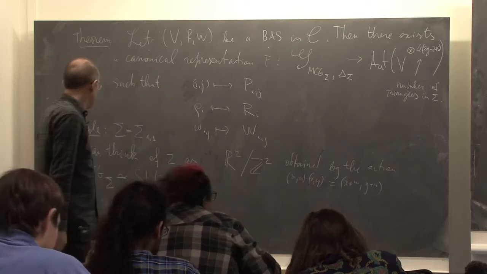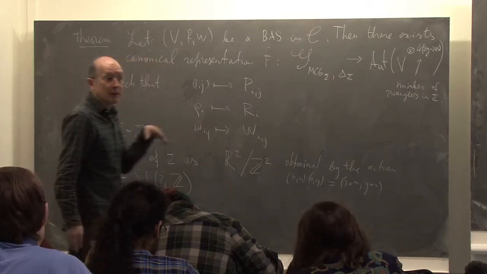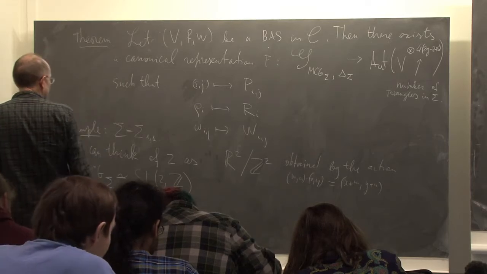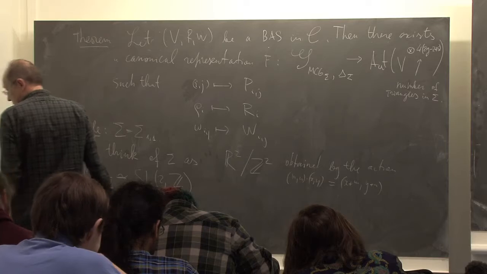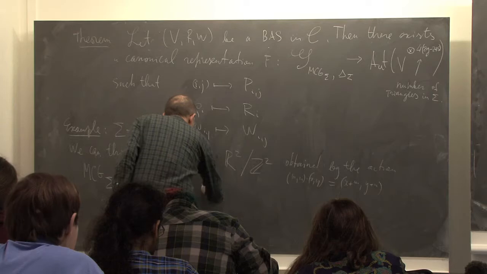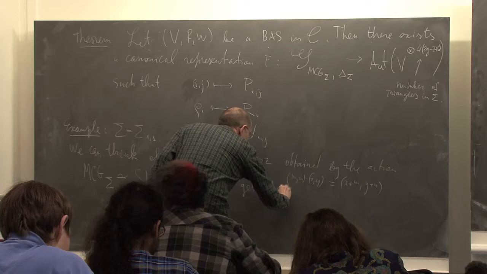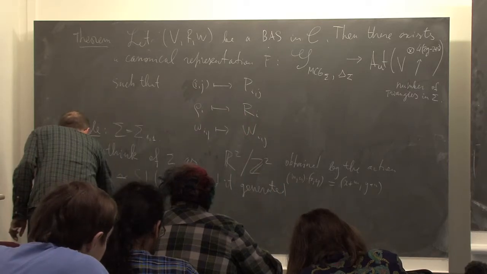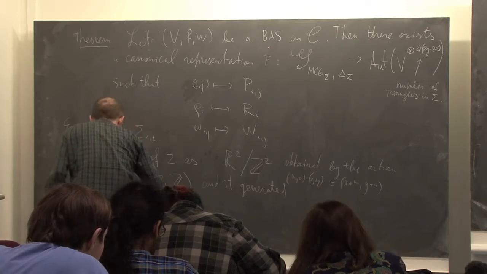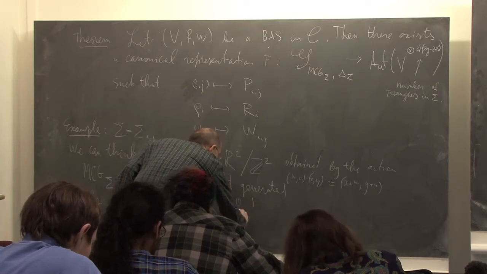where SL2(Z) acts on R2 linearly, and it is generated by the matrix T, which is (1, 1; 1, 0), and the matrix S, which is (0, 1; minus 1, 0).